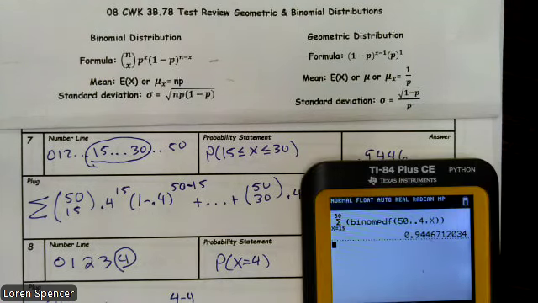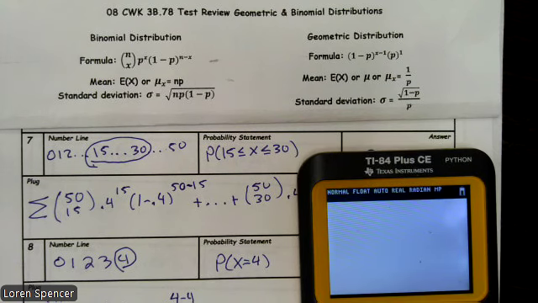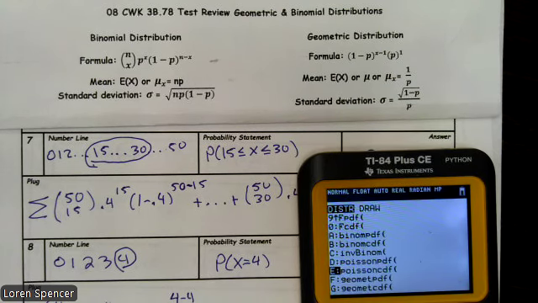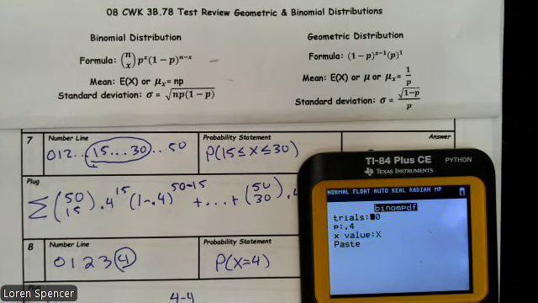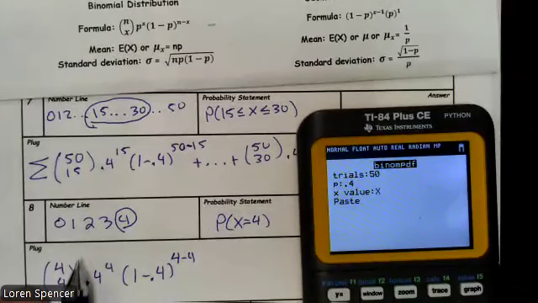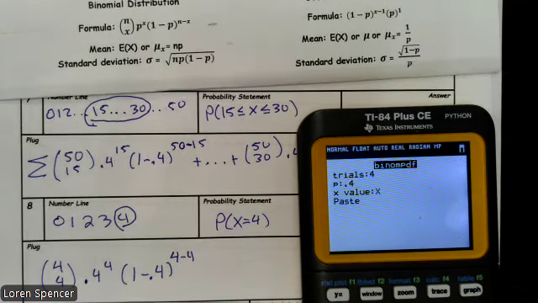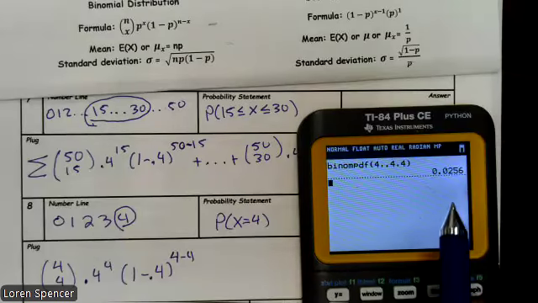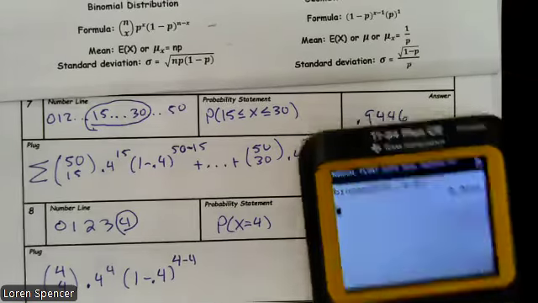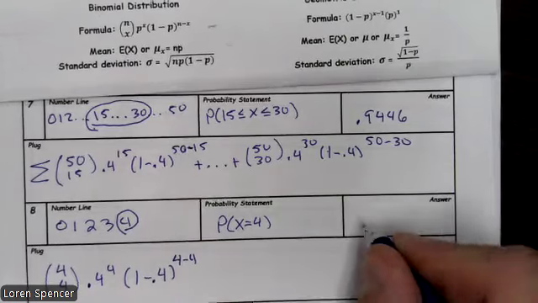Well, if I go about that, second vars, binomial PDF. Notice I didn't hit the summation, and I didn't hit the summation because I didn't have multiple values. I only circled one value. So in this case, my trials is 4, my p-value is 0.4, and my x value is 4. And I get 0.0256.